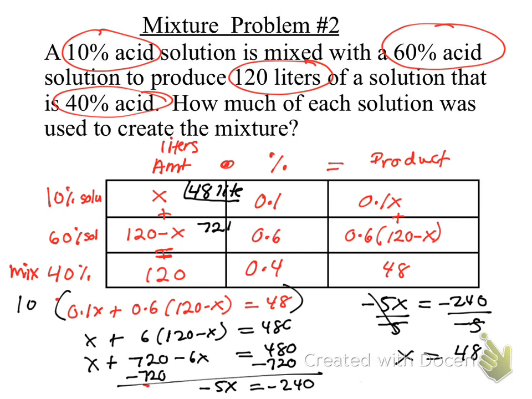Does everybody understand that? So they're asking us for both solutions. So I'm going to only use 48 liters of the weak solution, the 10% solution, and 72 liters of the strong solution so that we can have 120 liters of the 40% solution. Does that make sense? It's how to make potions.